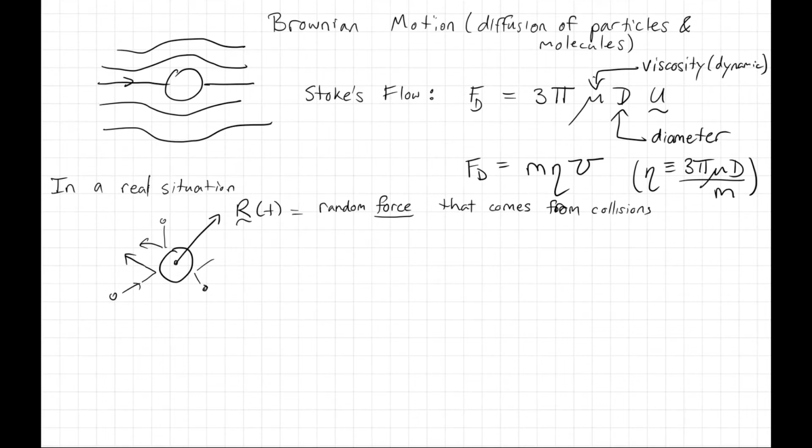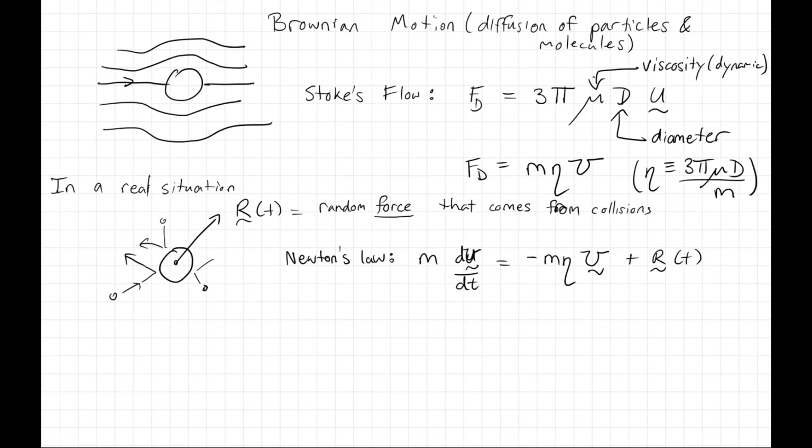But we can still write out Newton's law, right? F equals ma, so mass times acceleration equals the sum of the external forces, which includes the Stokes flow resistance to movement as well as the random force. Then what I'm going to do is try to cast this as a statistical equation.